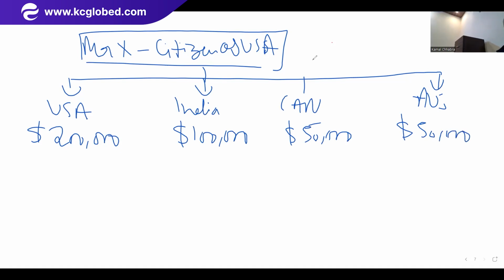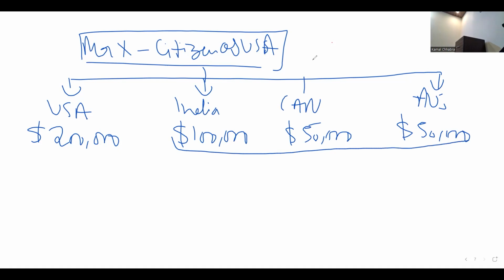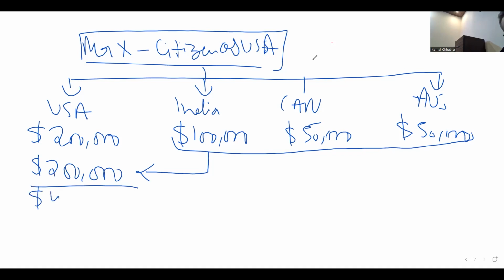So now in US, their entire income will also be taxed over here. So for the US income tax return, they need to add this $200,000. So the total taxable income in US is how much? $400,000.